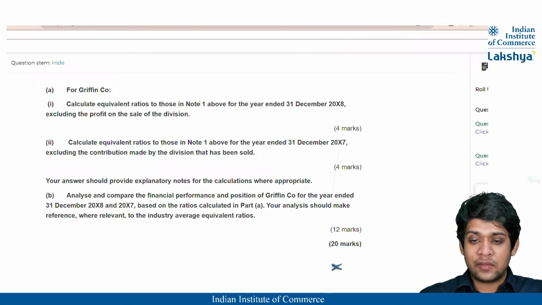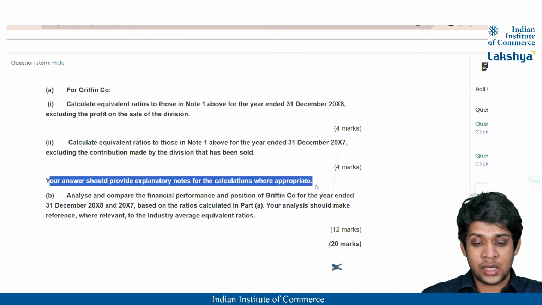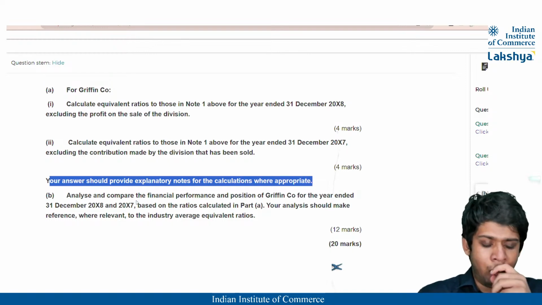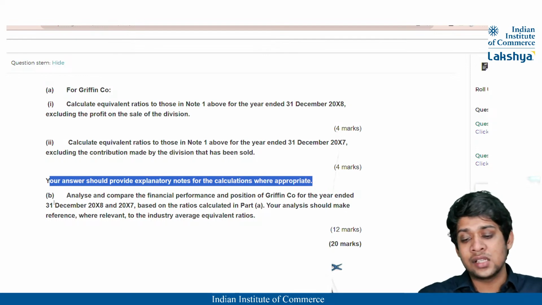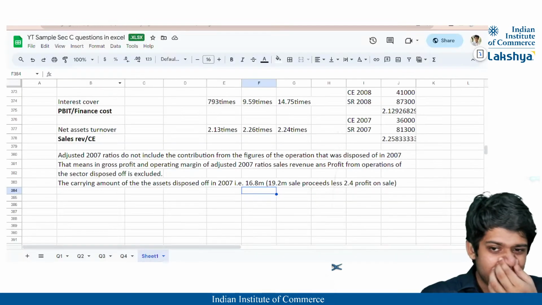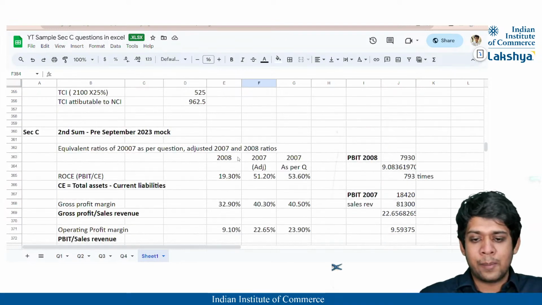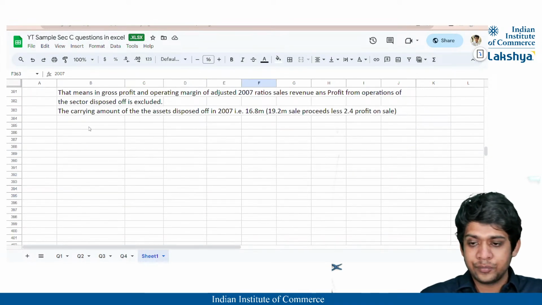Right, now we have calculated this, and we've also given an explanatory note for wherever it was required. Now let us do an analysis of the financial performance comparison. So we have to compare the 2008 figures with the adjusted 2007 figures, right?